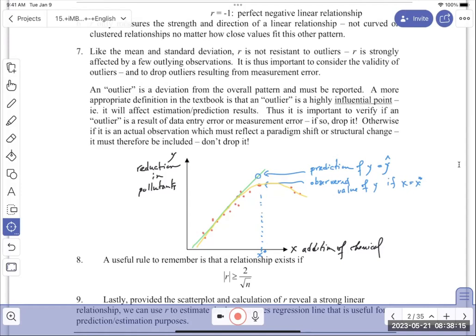So in English, we say, if a little bit is left over, this is a little bit off, it's known as the residual.